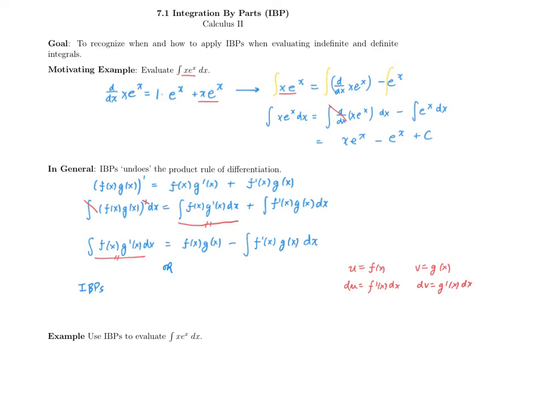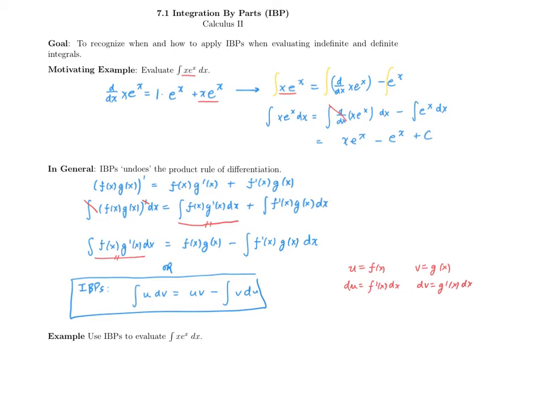With that observation in mind, the line above can be rewritten as the integral of u dv is equal to uv minus the integral of v du. And this is the formula I will almost always use and think about for integration by parts.